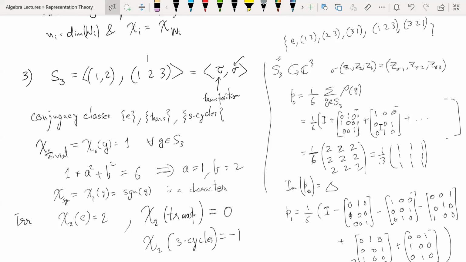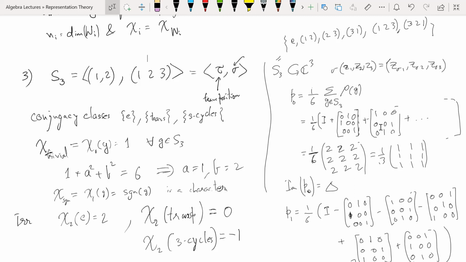So that's a trivial sub-representation, and since C3 is a representation of S3, you can decompose it as the trivial representation plus something else, and that something else is the subspace x plus y plus z equals 0, or z1 plus z2 plus z3 equals 0, where the coordinates are z1, z2, z3.